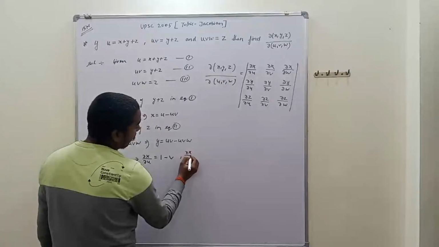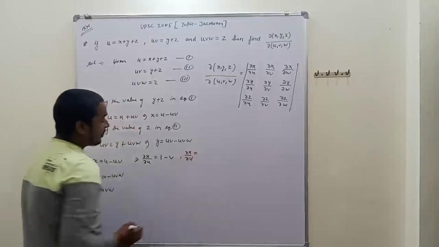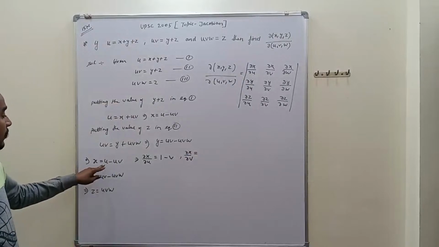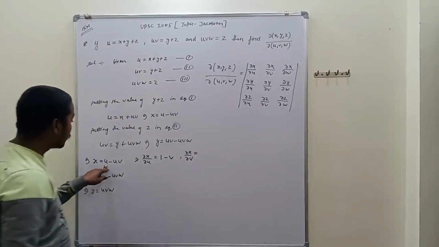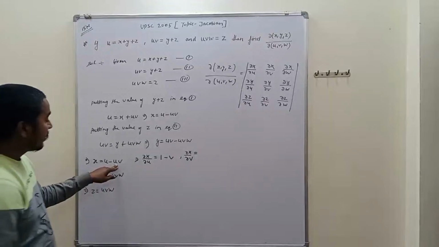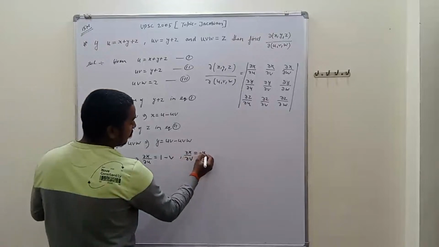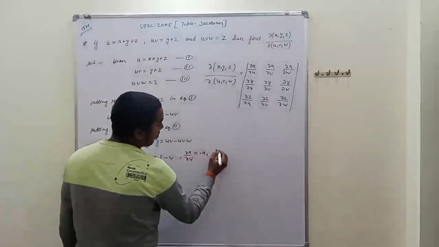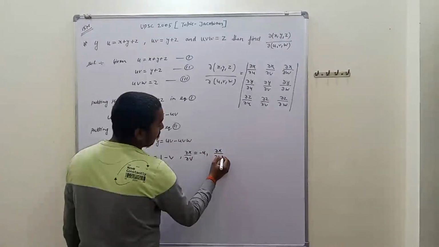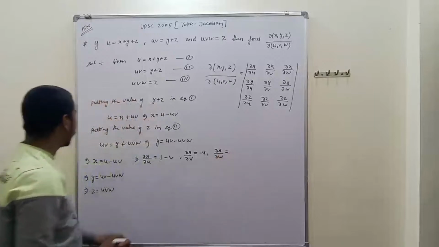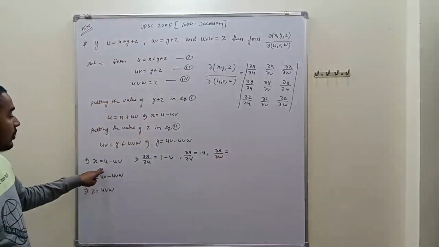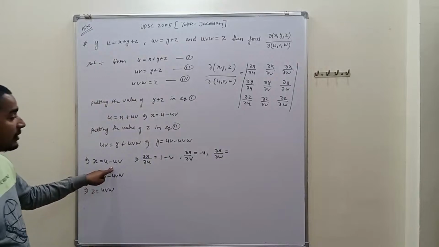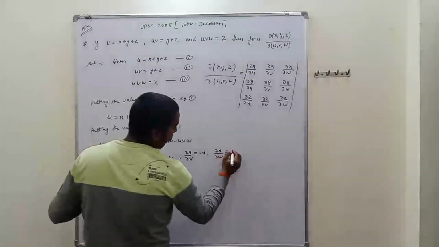Differentiating x partially with respect to v, here u is constant, that is 0 minus u. Further we have to find del x upon del w. Differentiating x partially with respect to w, here w is not present, so it is 0.